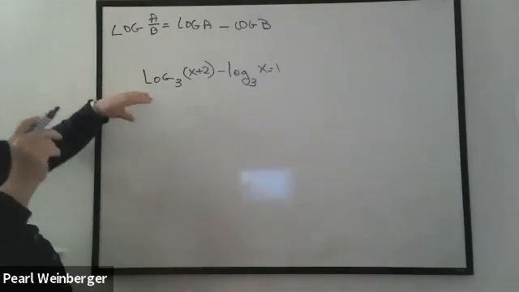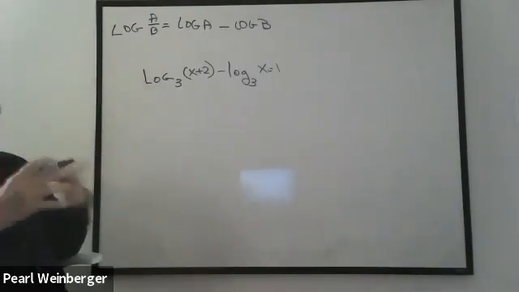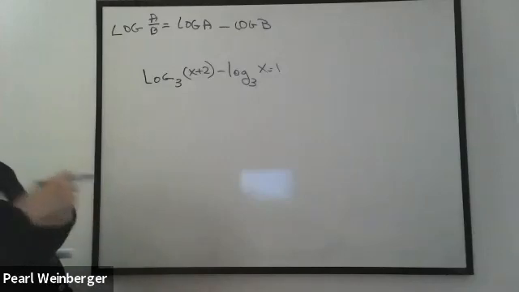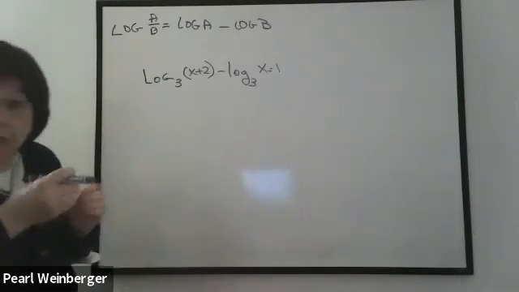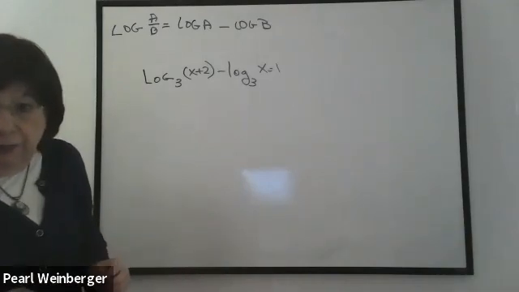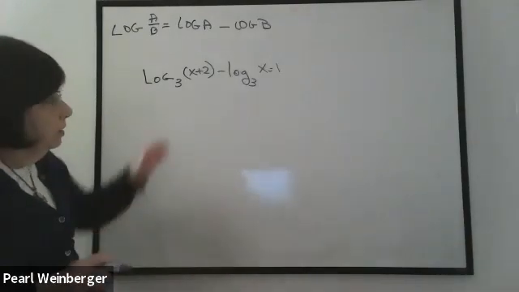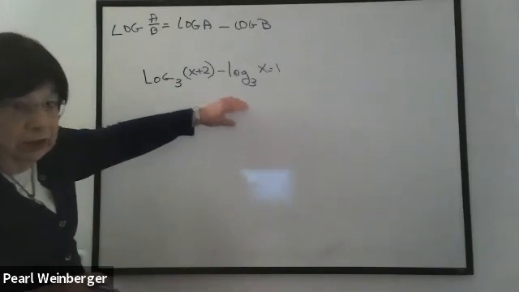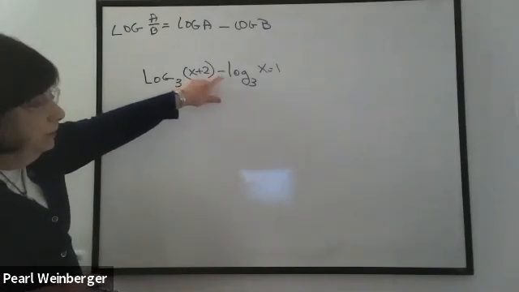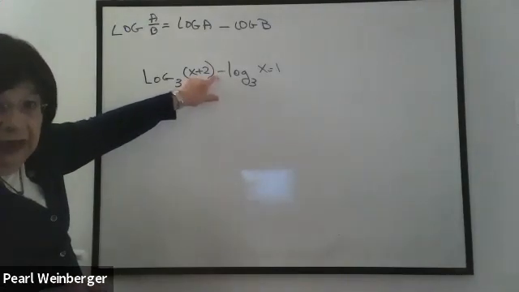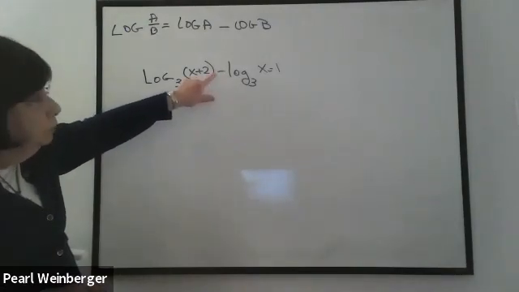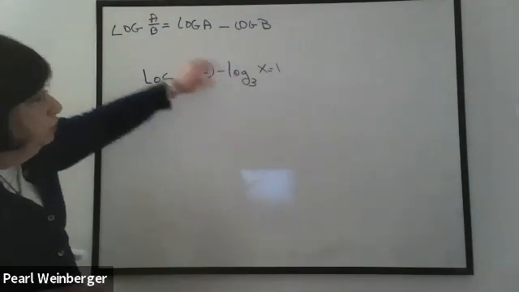Okay, again, we have this situation where we have log on one side, number on the other side. We'd like to switch from the log format to the exponential, but there's more than one log on a side. And the sign between the two logs is a minus, not a plus. Before, when it was a plus, we knew we had to multiply.